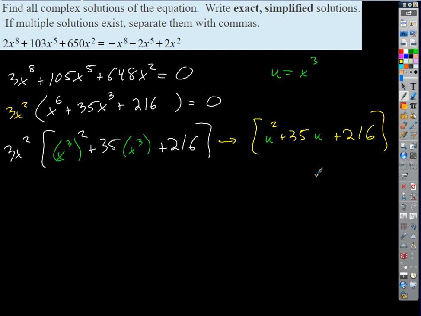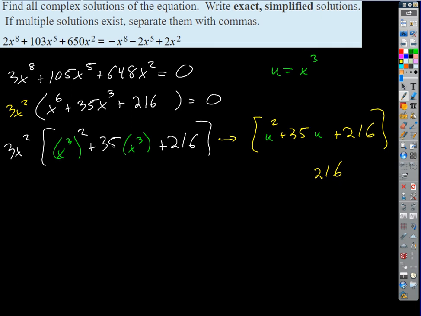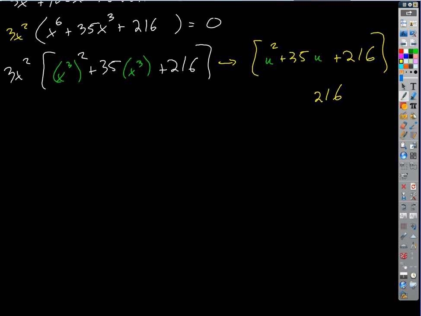No, that is not it. So we better figure it out. 8 and 27, is that it? Yeah, 27 and 8, there you go. If all else fails, make a factor tree or just make a list of factors of 216 and see which ones work.